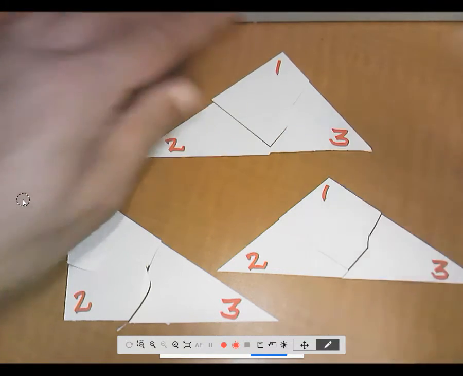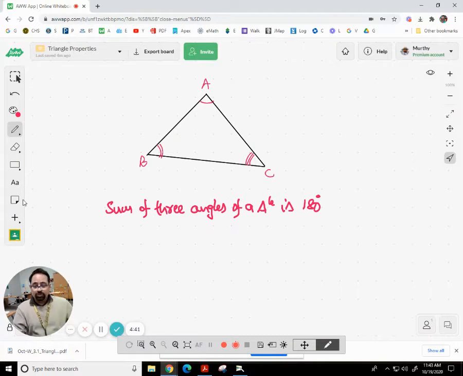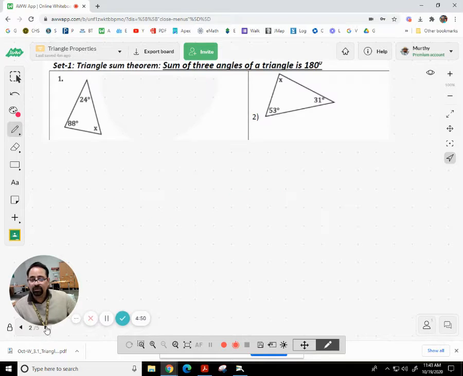So whatever the shape of the triangle may be, it hardly matters, the sum is always equal to 180 degrees. Now let's quickly jump to the whiteboard. So the sum of three angles equals 180 degrees. You have seen the activity. Now let's go to the next page.